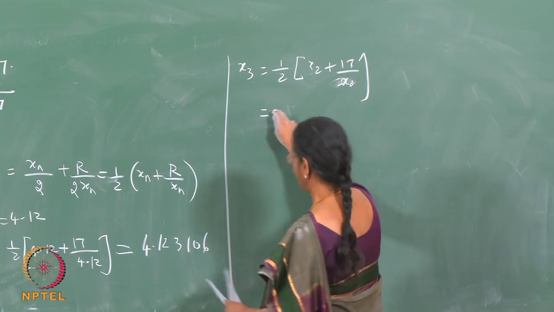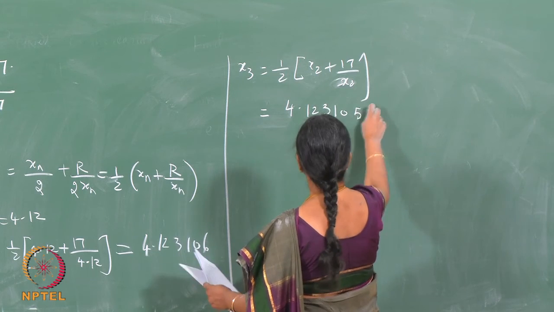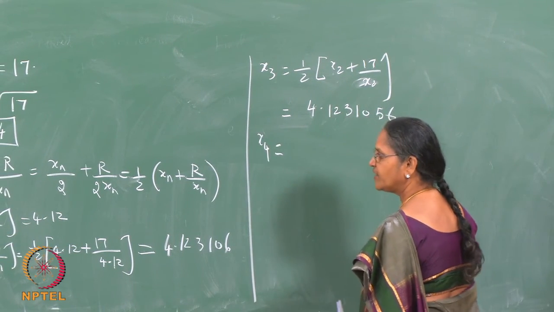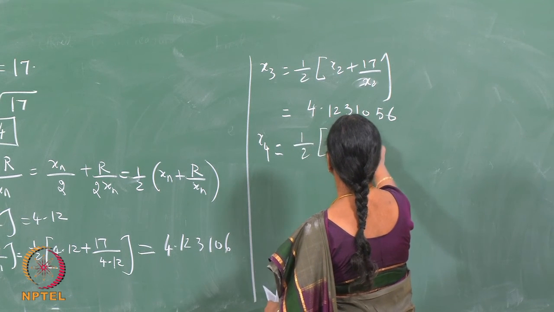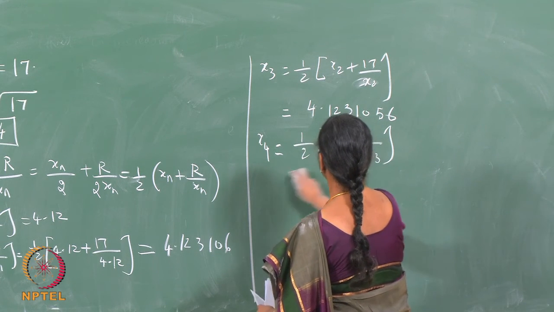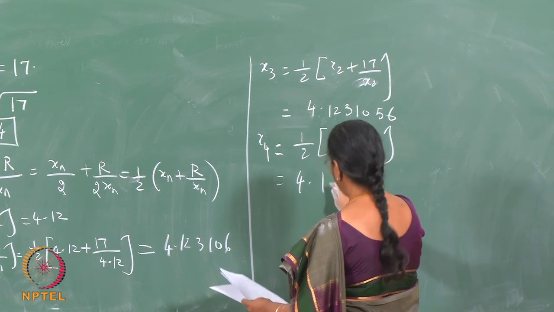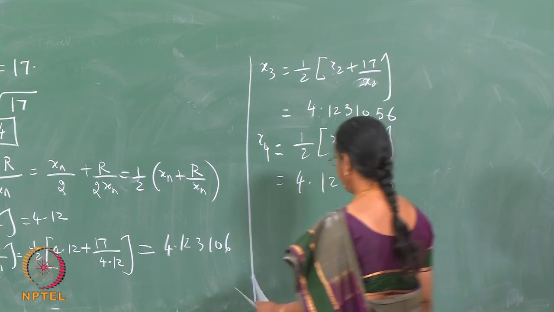Then compute x 3, which is half of (x 2 plus 17 by x 2), and I know my x 2. When I substitute, I get x 3 to be 4.1231056. Let us work out another iteration. x 4 is half of (x 3 plus 17 by x 3), and when I substitute for x 3, this gives me 4.1231056.